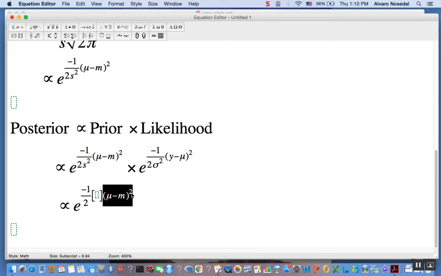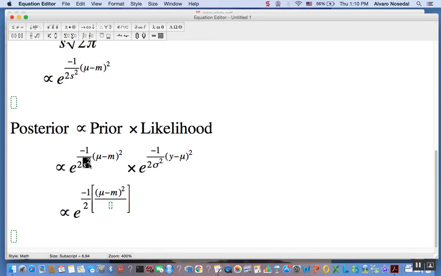What we have to do is sum these exponents, and I'm just factoring out that -1 divided by 2. Let me do a little bit of algebra here.